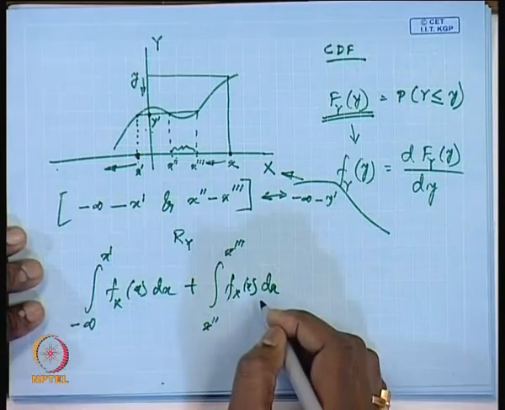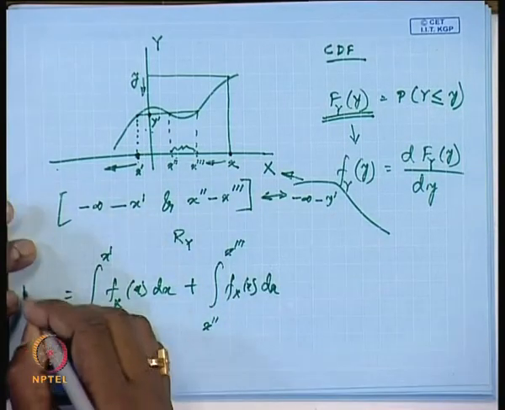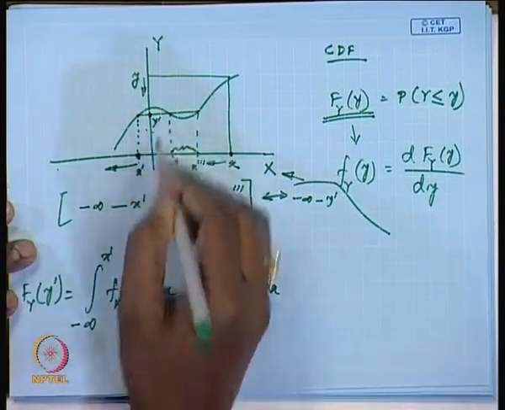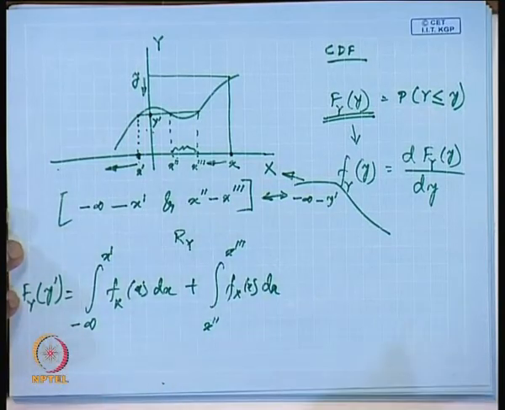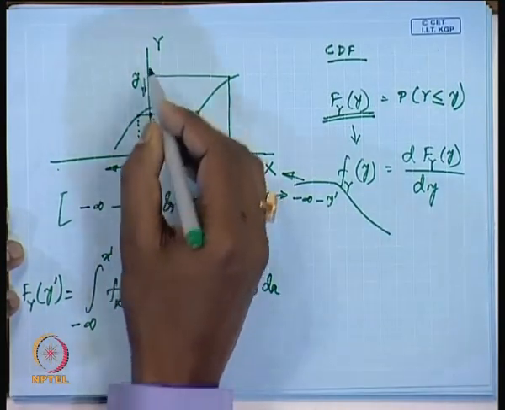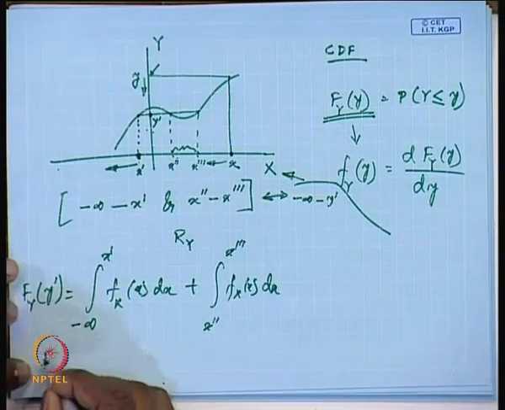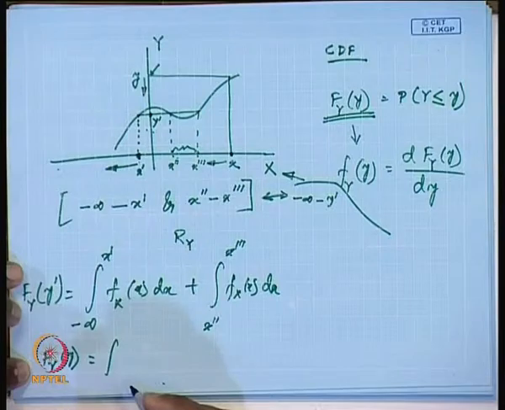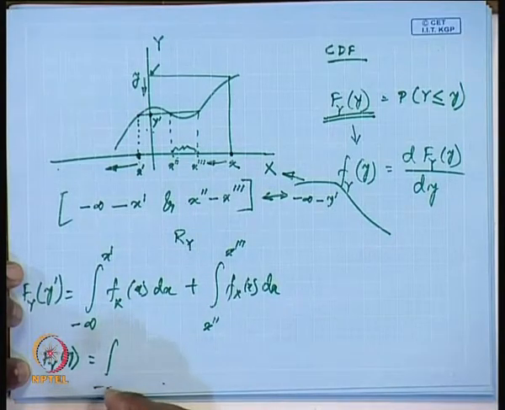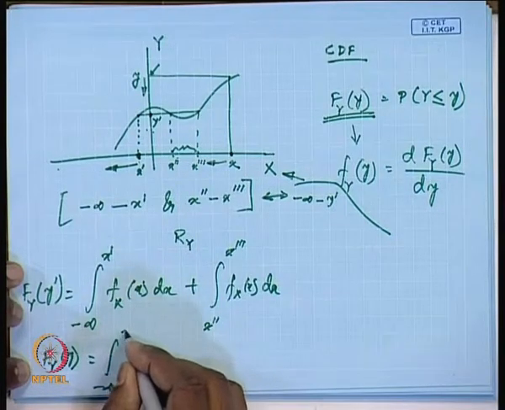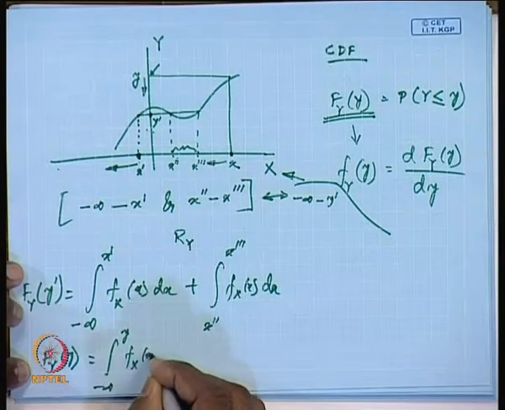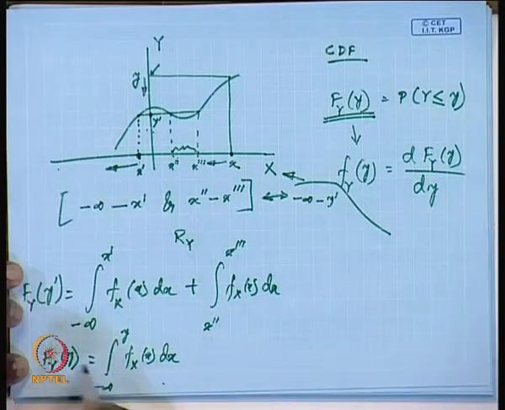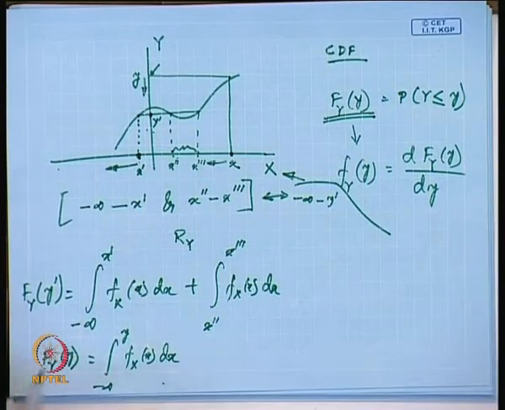If we get this form, it corresponds to the value at y prime. But if I just want F_Y(y) at a single simple point, you can get it from minus infinity to y of f_X(x) dx. This will be equal to this probability.